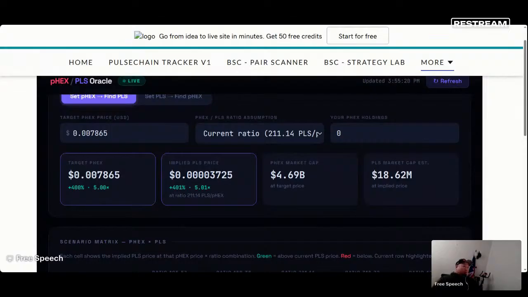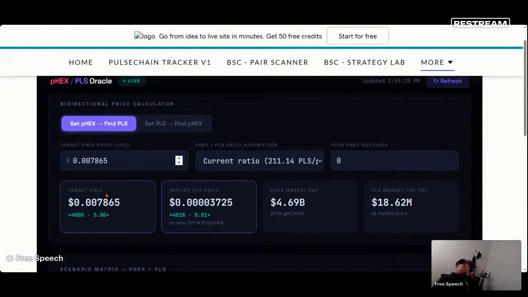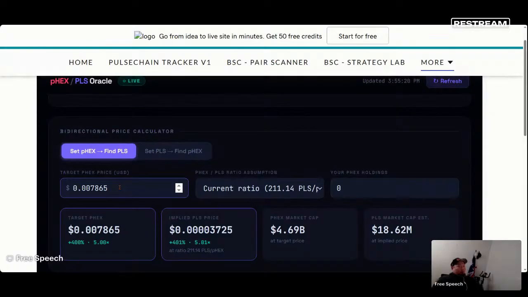So if we go to, why do you keep changing? We set it a penny, right? 0.01. This is HEX, right? So there's a big ask. That's a 6.36x from here, up 536%, which is interesting.